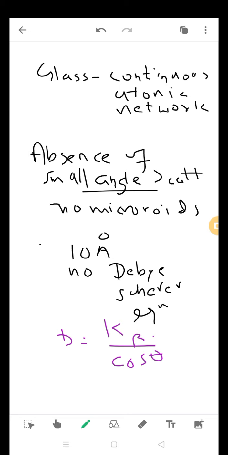Okay, this is the equation. K is any constant, beta is the full width of maxima, and cos theta is the angle where the diffraction is taking place, and this is your slit size.